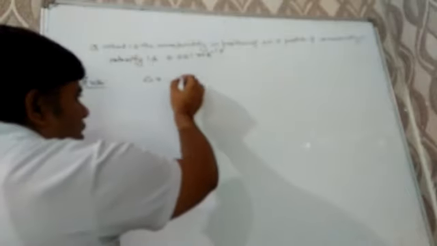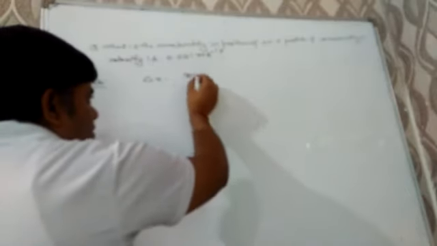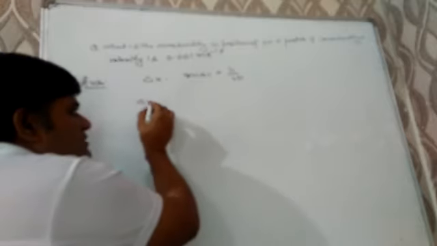So we can use the formula delta x into m delta v is equal to h upon 4 pi. Delta x we need to find.